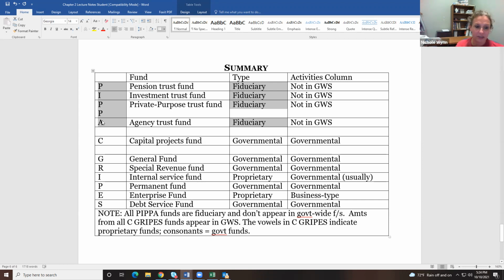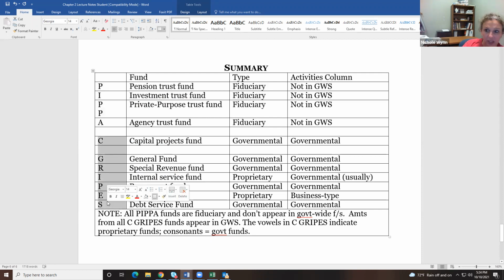And then Sea Gripes, we covered the vowels, and then C is capital projects, general, special revenue, permanent, and debt service. I just remember it based on the letters, and then I know I have to come up with 4 of these, and of the Sea Gripes, there's 5 governmental and 2 proprietary. So Pippa Sea Gripes, there it is.